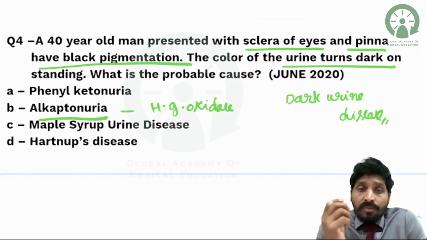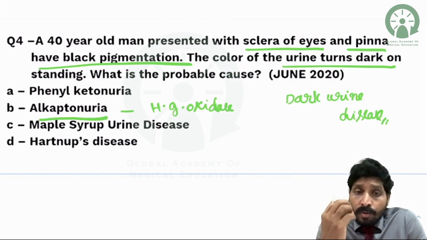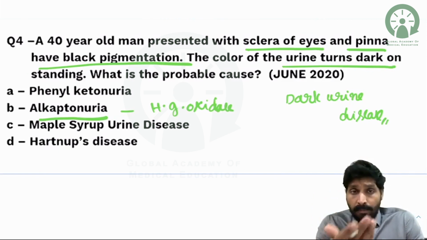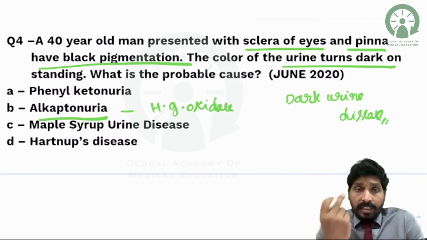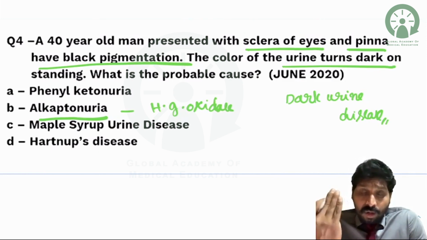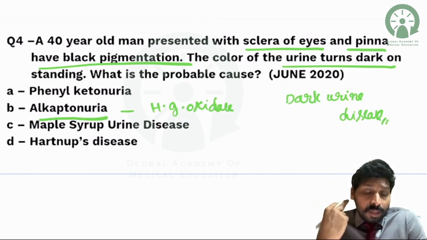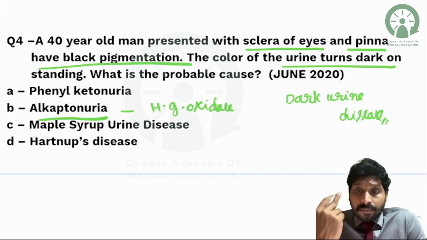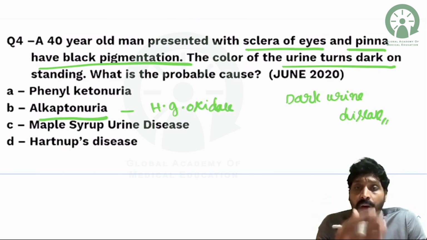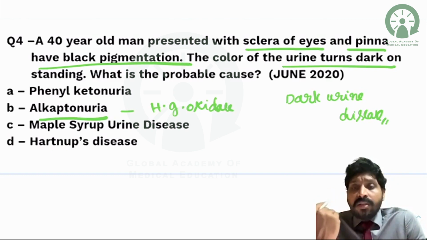Because of the absence of homogentisate oxidase, homogentisate starts accumulating in soft tissues like the sclera of the eyes and pinnae, and starts blackening the cheeks as well. Also, when urine containing homogentisic acid is allowed to stand, it reacts with the oxygen in the air and converts the urine into a dark color.